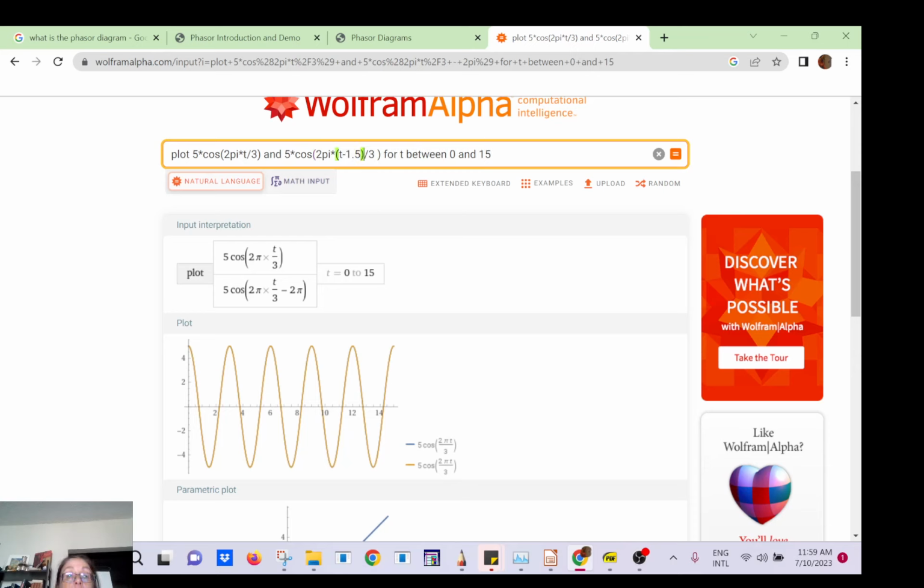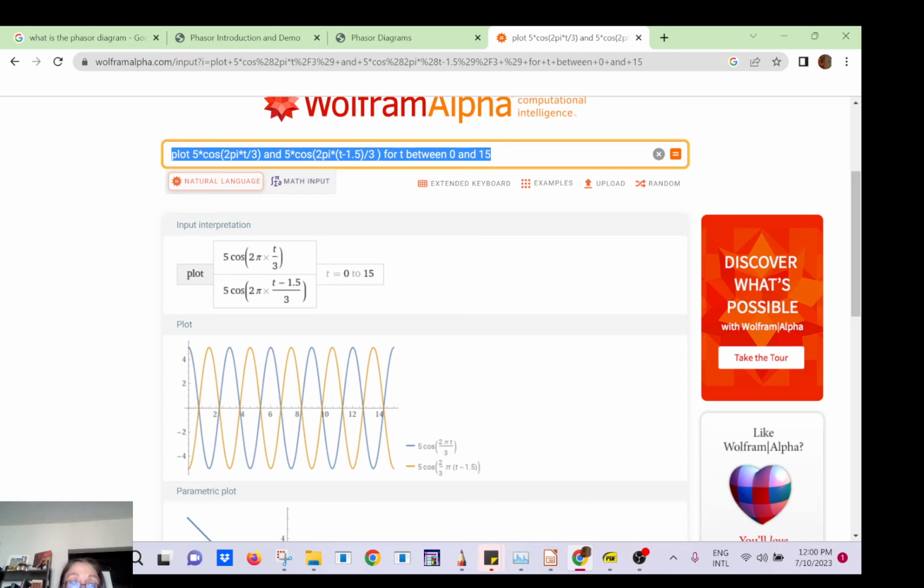We need an easier way to write that down. So instead of putting the time by which it was shifted, which is half of a cycle, I'm going to keep my 2 pi t here, okay? But now I'm going to write the shift in radian. Half of a cycle, one cycle is 2 pi, so half of a cycle is pi.